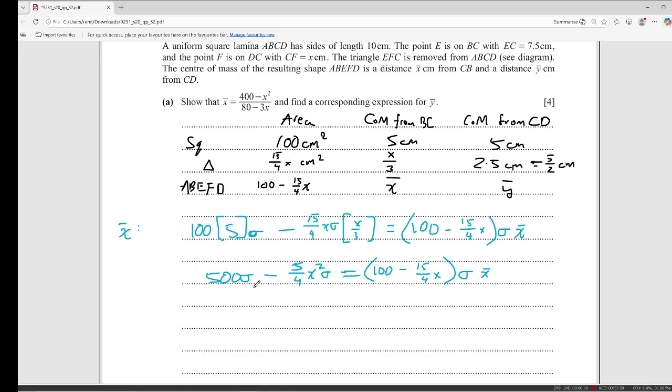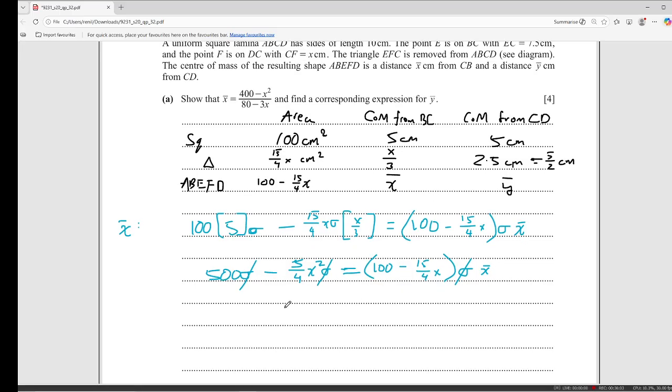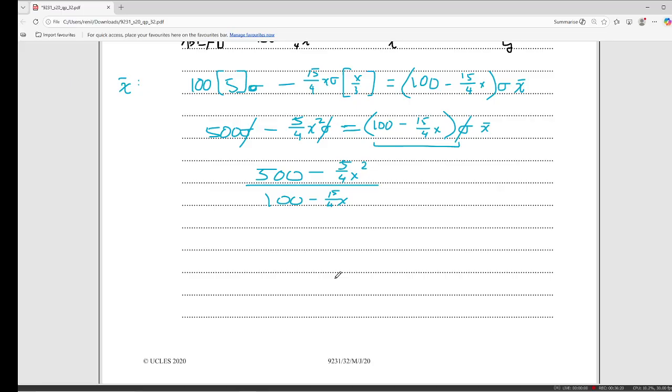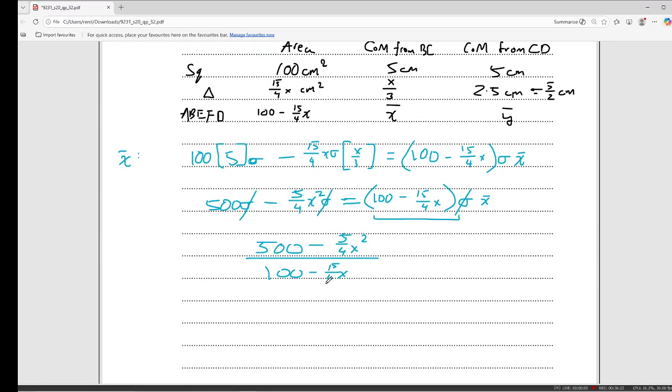What do I see here? This sigma can be cut off, this sigma can be cut off, and this sigma can be cut off. So I'll write this as 500 minus 5 by 4 x square. Now let's bring this term this way, so we divide by 100 minus 15 by 4x. And now that's equal to x mean.